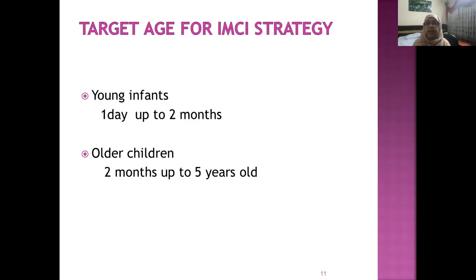For this reason, the age group is divided into 2 parts for the classification of the disease, and management of a child as per IMCI is different in these 2 groups. So this is the reason behind that.